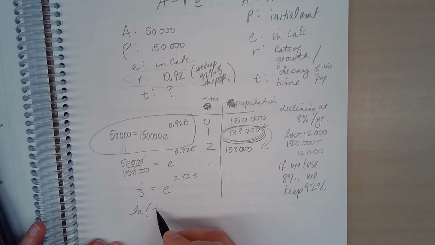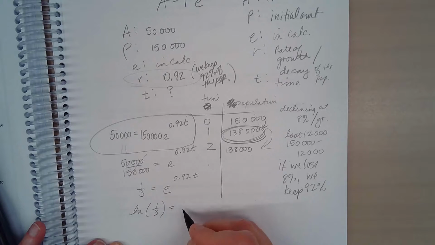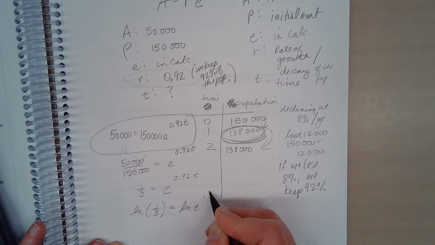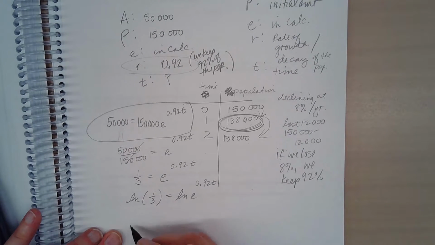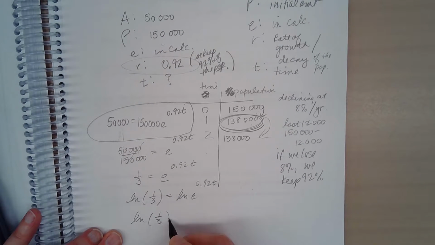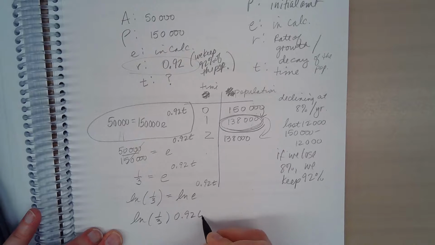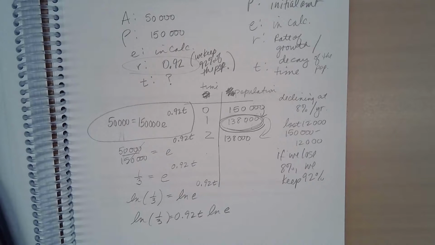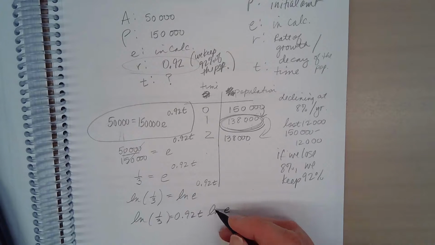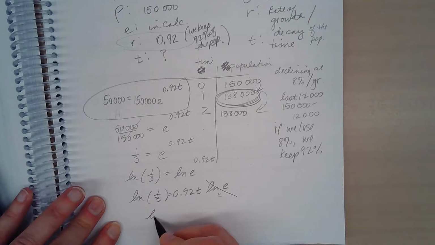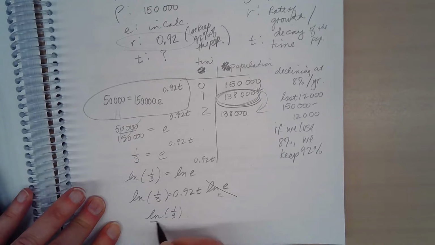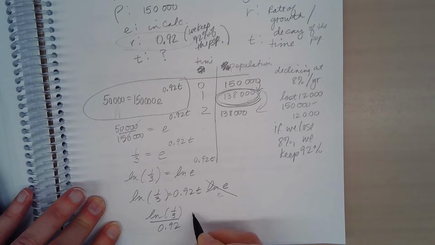So ln of 1/3 equals ln of e to the 0.92t. Then those exponents can come down. So what happens when I have ln of e? If my base is the same as my argument, the exponent has to be 1, so that's gone. So finally, ln of 1/3 divided by 0.92.